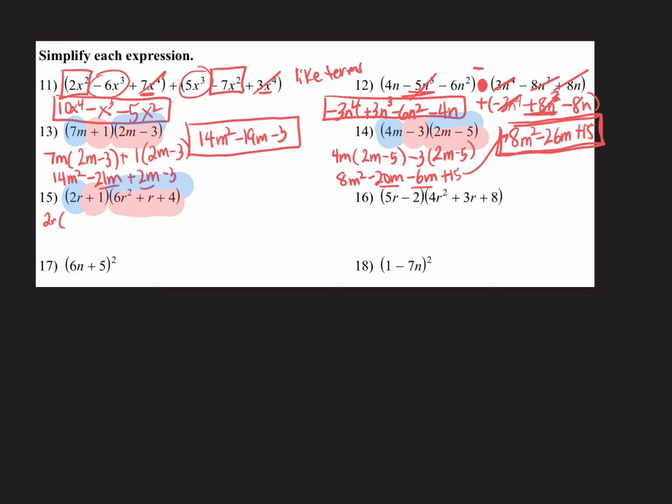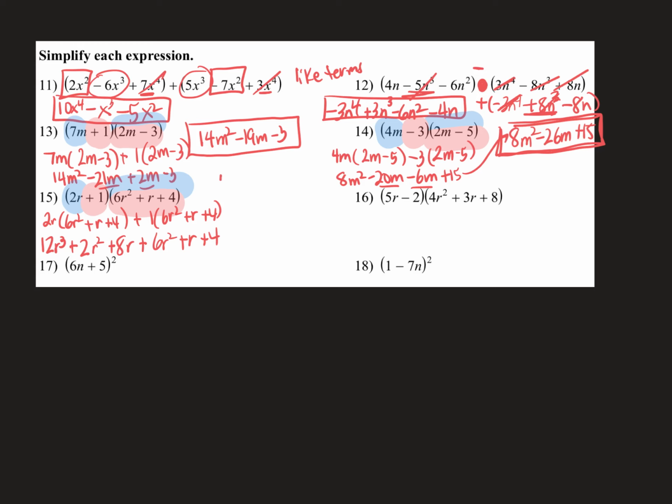2r times 6r squared plus r plus 4 plus 1 times 6r squared plus r plus 4. Multiply, distribute your 2r, that'd be 12r cubed plus 2r squared plus 8r plus 6r squared plus r plus 4.